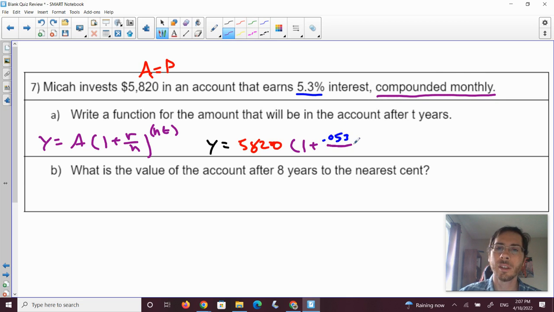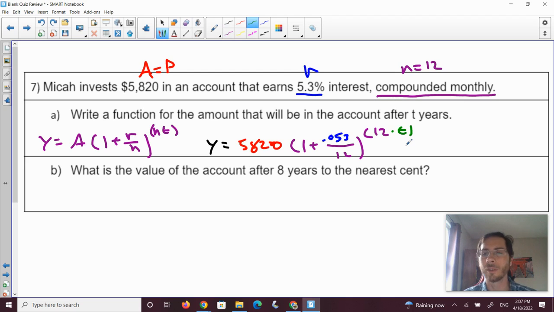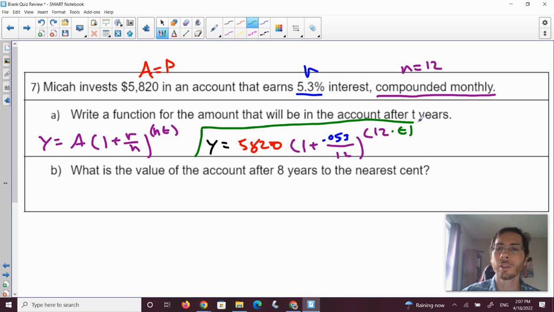So monthly is going to tell us what n is. That is r. So n is going to be 12 because there's 12 months in a year. So we're going to put 12 down here. And then in parentheses, we get to put 12 in again for the n. And time, well, we don't know how many years that we have. We just have to write an equation or write a function. And so that's what our function looks like. So time just stays as t.